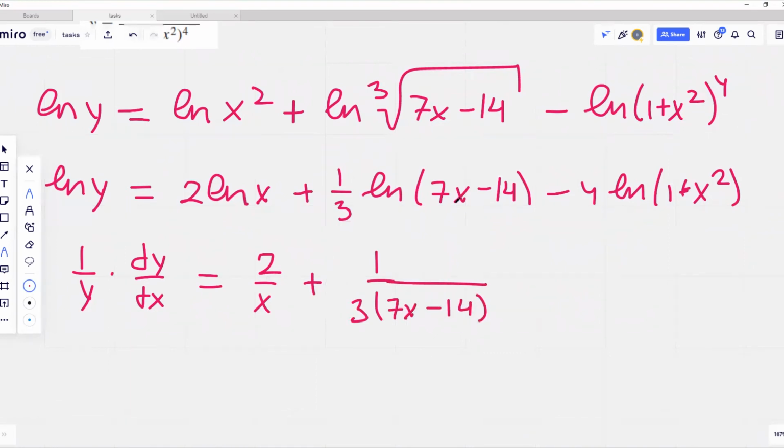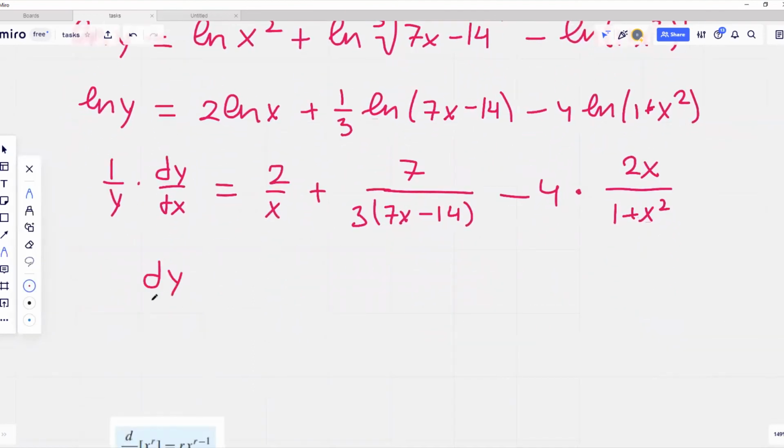And the derivative of 7x minus 14 by dx is equal to 7. So we'll have 7 in the numerator, minus 4 multiplied by 1 over 1 plus x squared, and the derivative of 1 plus x squared is equal to 2x.